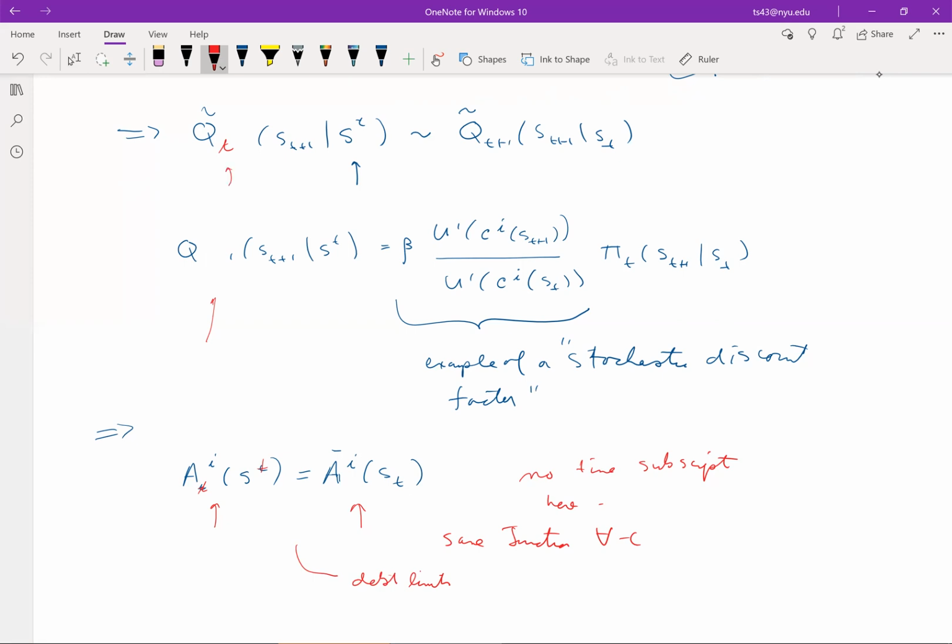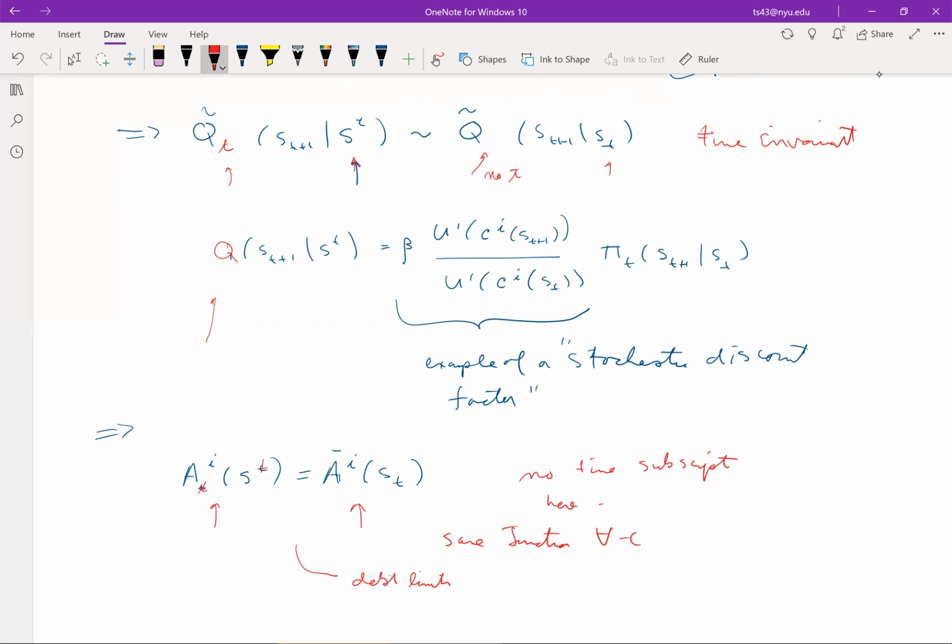There was a t here because this is the price at time t. And this now just depends not on the history, but on S_t. And now I can erase the t here. This is going to be time invariant. So this is going to be a time invariant function of the Markov state, and we can check that out right here.